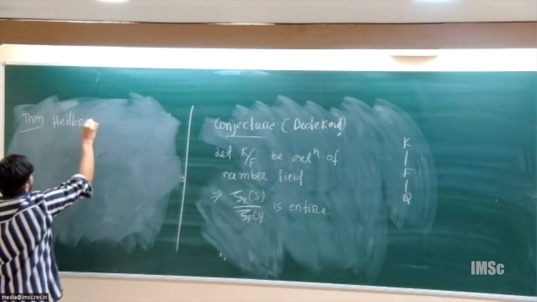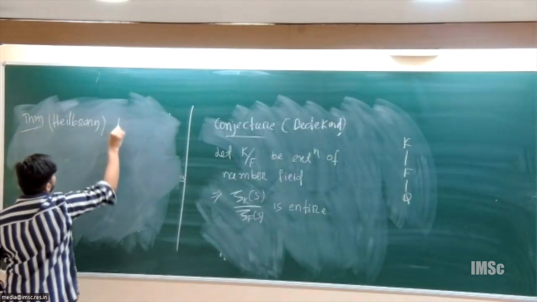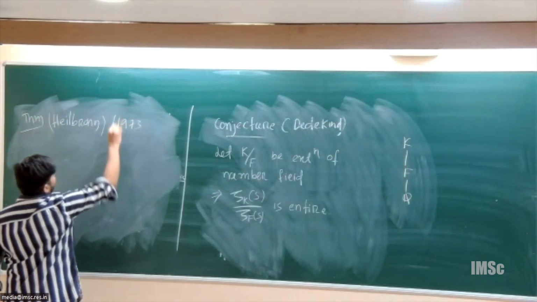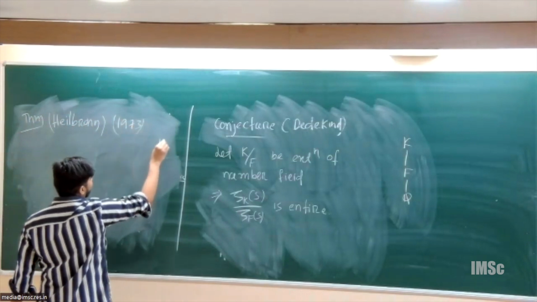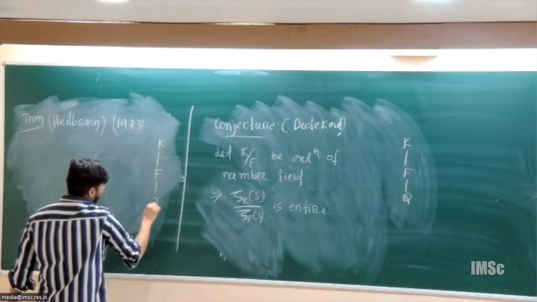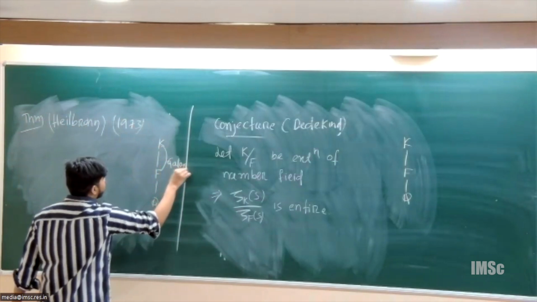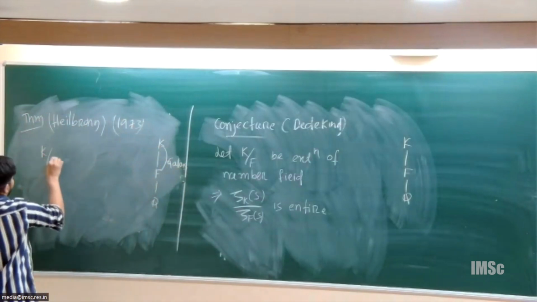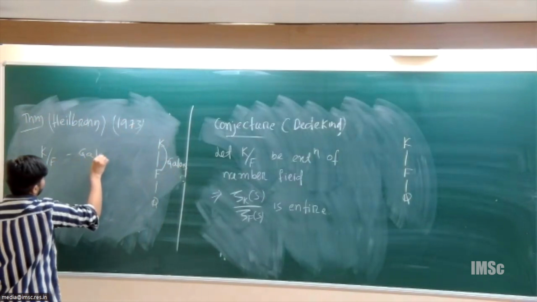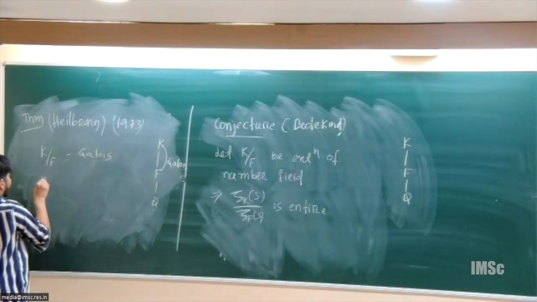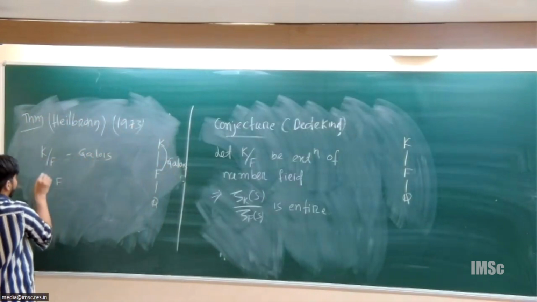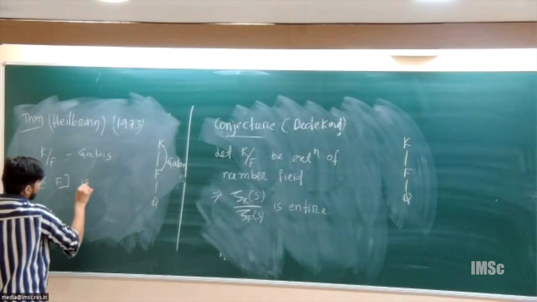In 1973, Heilbronn proved that, let K over F be a Galois extension of number fields such that the degree of K over F is odd.